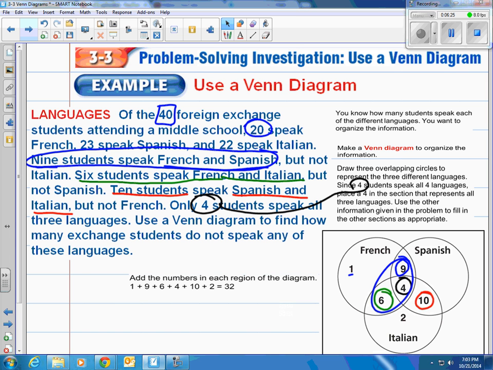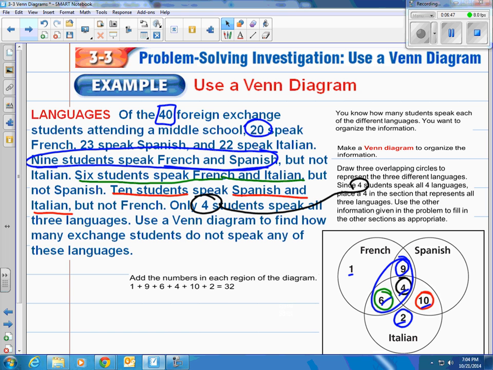It says add the numbers in each region of the diagram. If we add all these numbers up, and I've got the 2 already calculated for you, and that's taking the Italian, which is 22 people speaking Italian, and you see that we have 6, 4, and 10 already in there. That's 20. We needed 2 more.